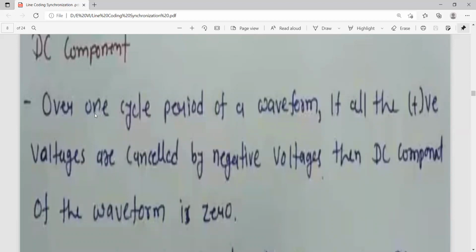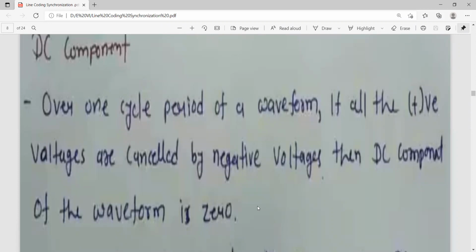Over one cycle period of a waveform, if all the positive voltages are cancelled by the negative voltages, then the DC component of the waveform is zero.